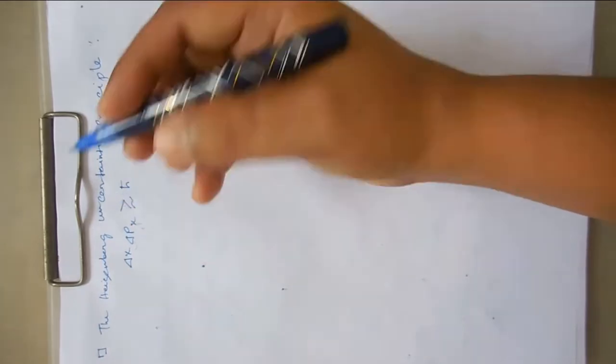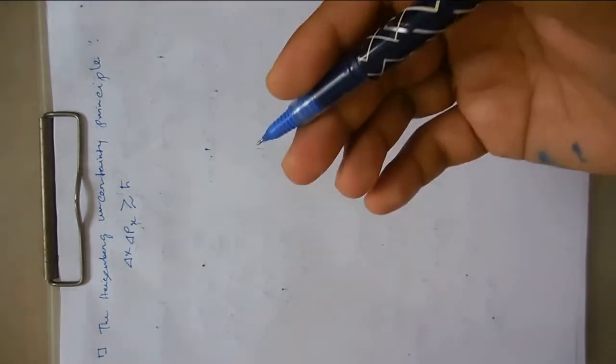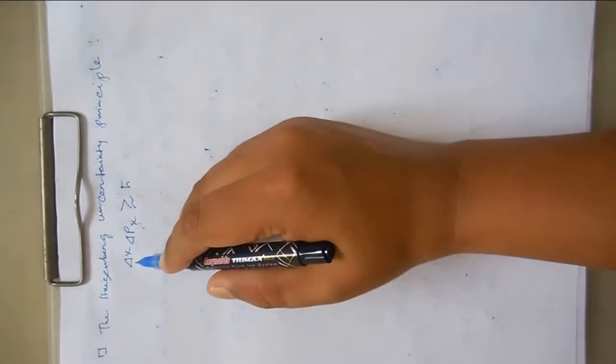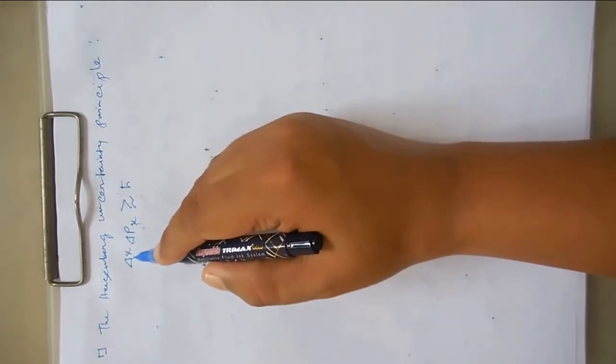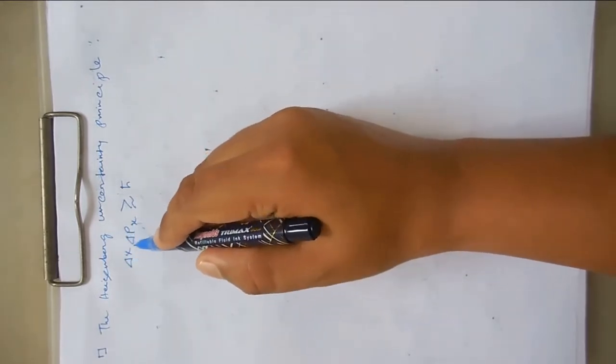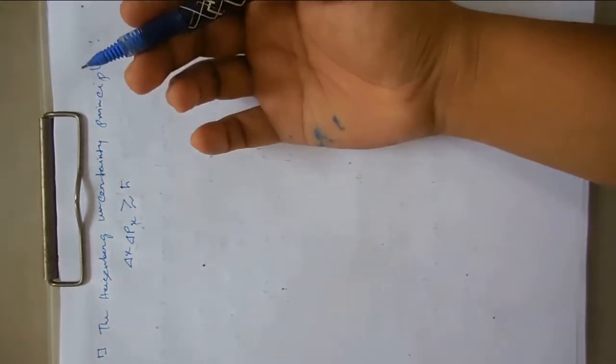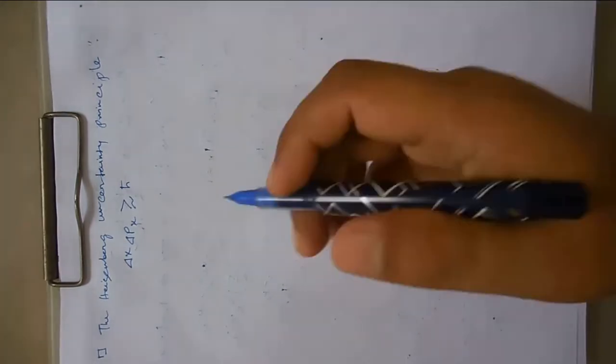It should have this type of constant. It means that if you try to increase the accuracy in measuring delta x, then the accuracy in measuring delta px will decrease. So you cannot measure them simultaneously with arbitrary accuracy. Okay, so that's all.